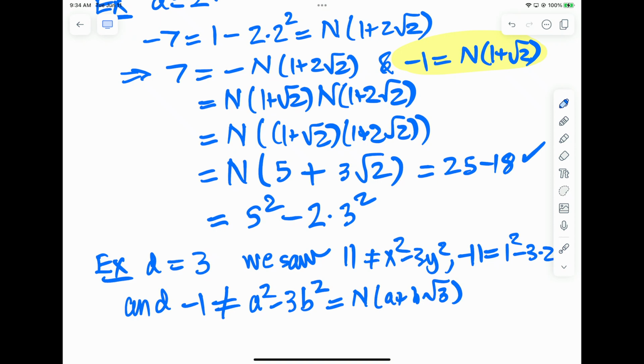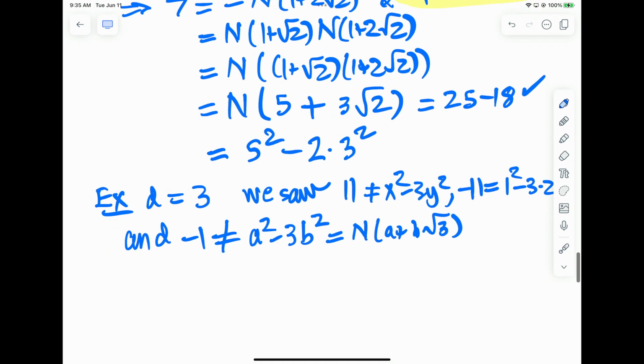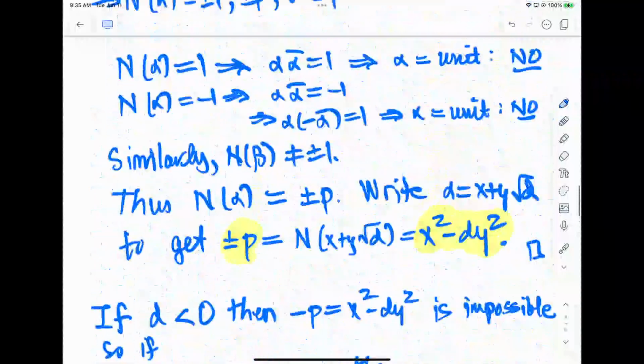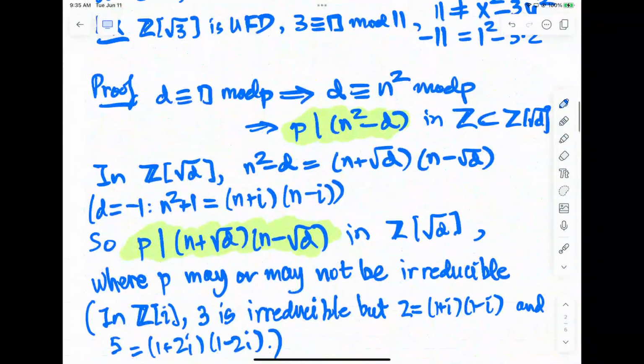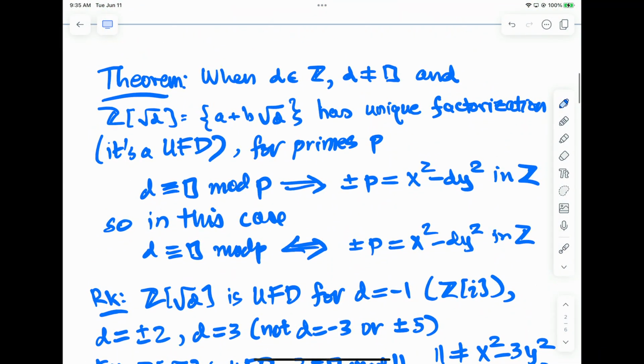So the failure of that example with d equals 3, getting a minus 11 but not 11, is tied up with the fact that minus 1 is not a norm from Z root 3. So it's kind of a tricky situation to decide when you can write minus 1 in this funky way. If you can, that's great, and if you can't, you have to allow the minus sign as a possible option in that theorem here. Again, the plus or minus is a crucial thing here.